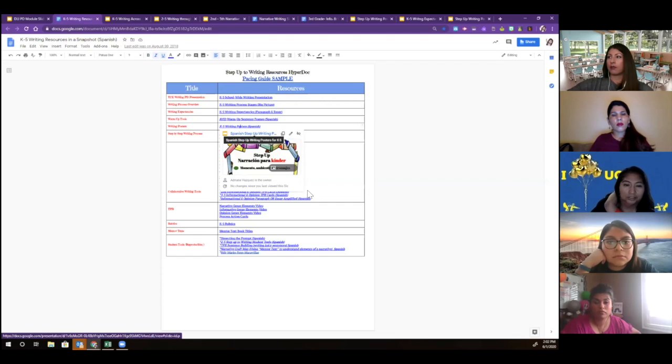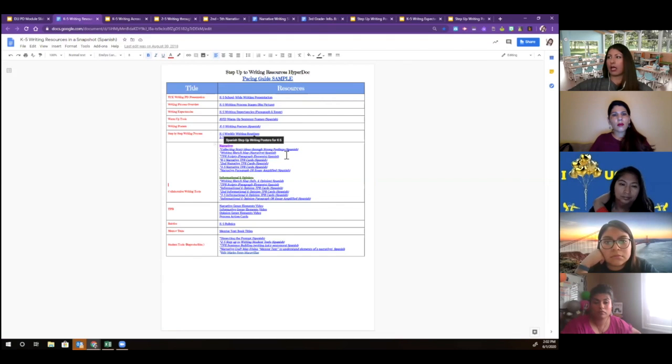Then down here, we have all of the collaborative writing tools. So we have the TPR scripts, because on the videos, it's hard to hear what the kids are saying, because everybody's saying it all at one time. But there are the scripts here so that you can go through that with the students in Spanish, and then all the TPR cards in Spanish as well for all the grade level spans, the sketch maps, and the videos.